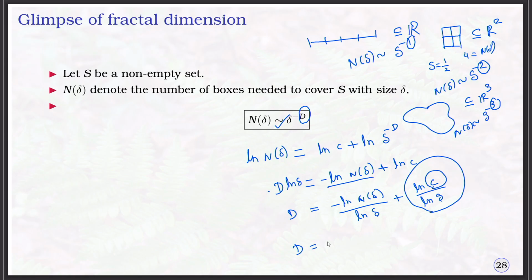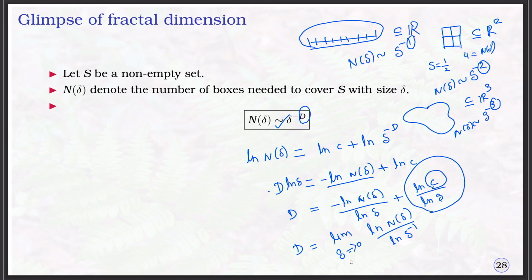So, D, if limit delta tends to 0, ln n of delta, this can be minus, you can bring to the denominator, ln delta power minus 1. So, why are we taking the delta tends to 0? If you want a perfect cover, whenever these box sizes are decreasing, we can find a finer approximation for the object, or we will be able to find a better result for finding the size of an object.